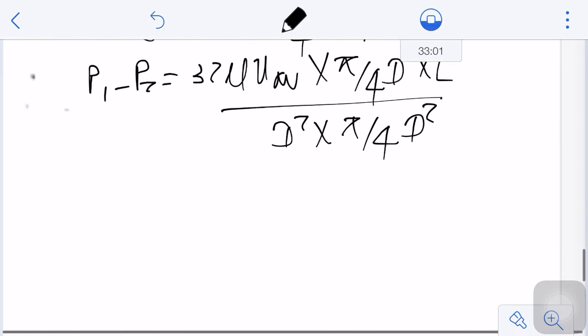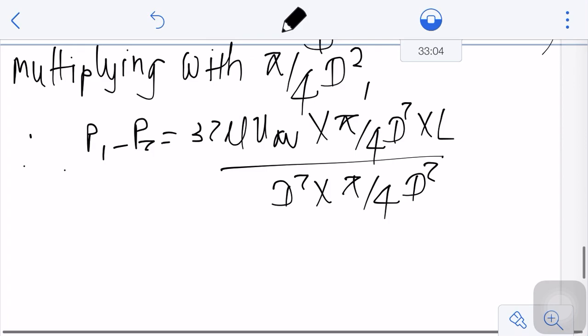So if you see here, this is the area in numerator, pi by 4 d square, right?